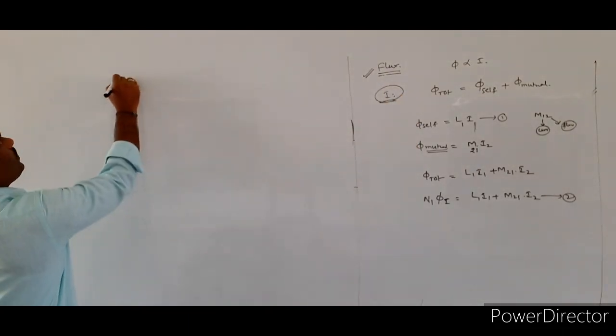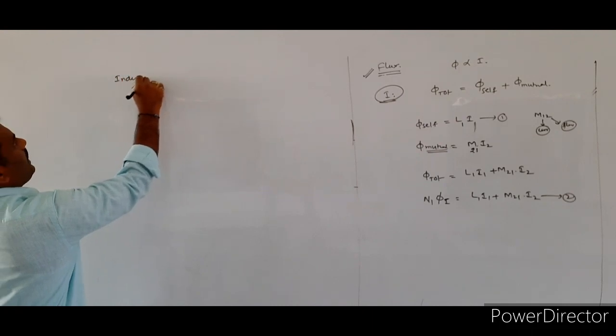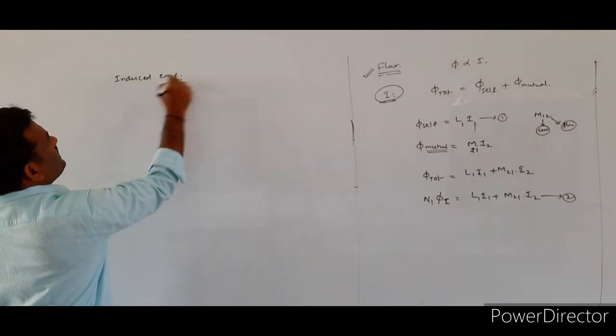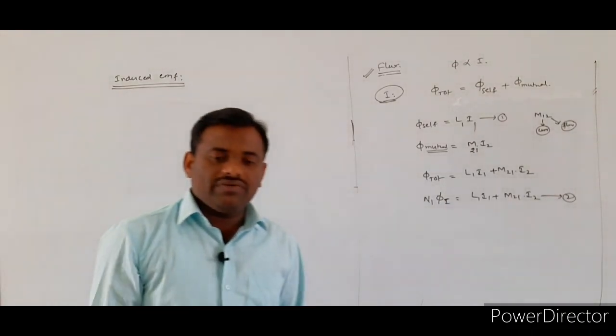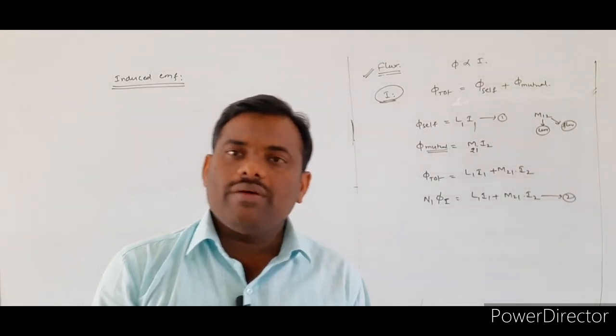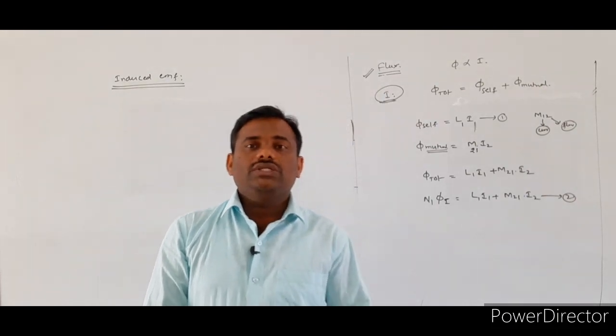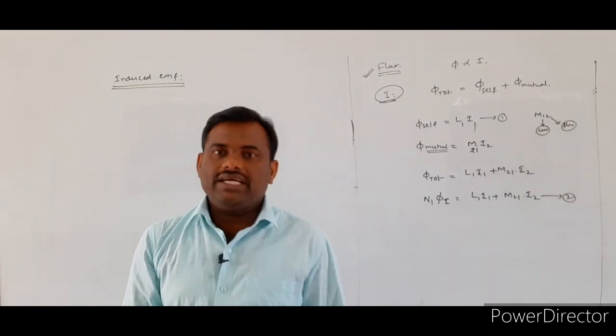Similarly, we have to calculate the induced EMF value, which is produced within the first coil due to the phenomenon of self-induction as well as the phenomenon of mutual induction.